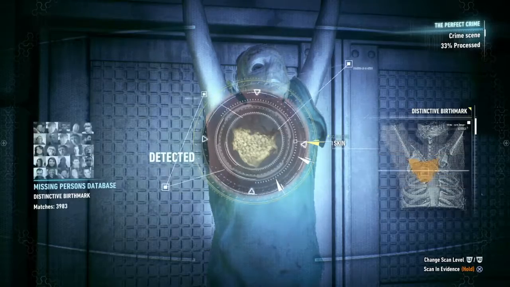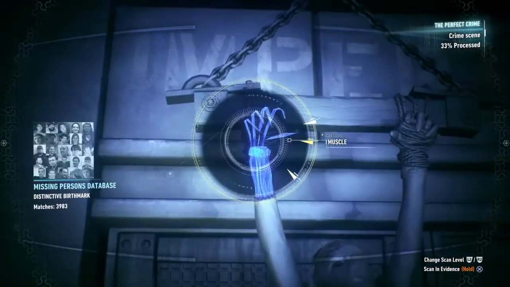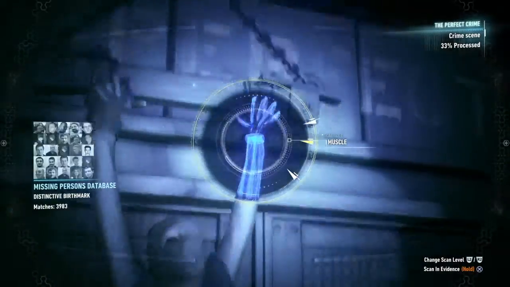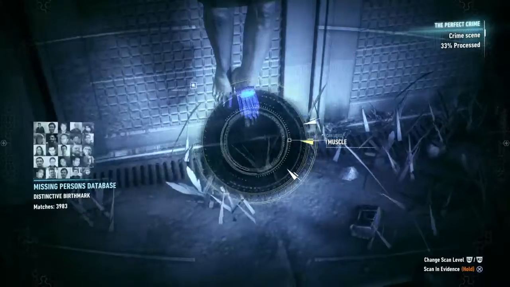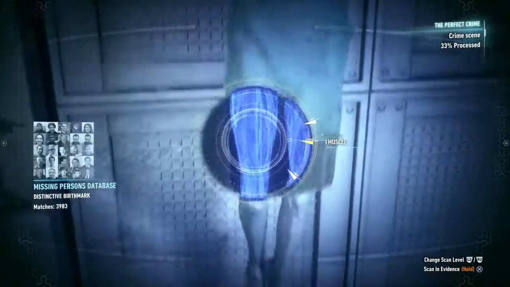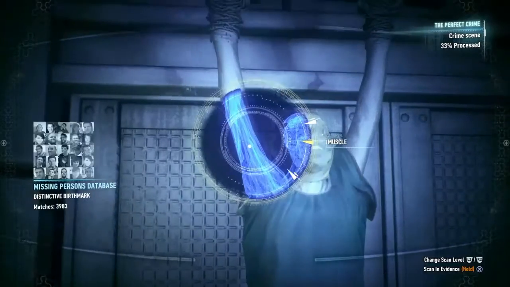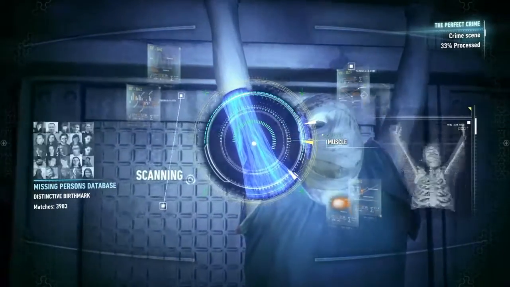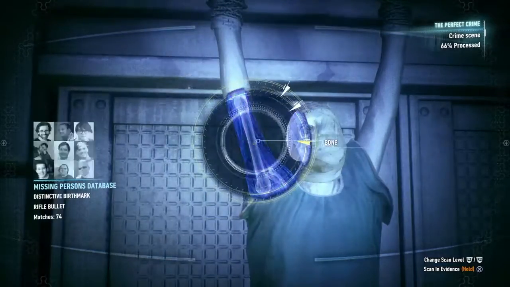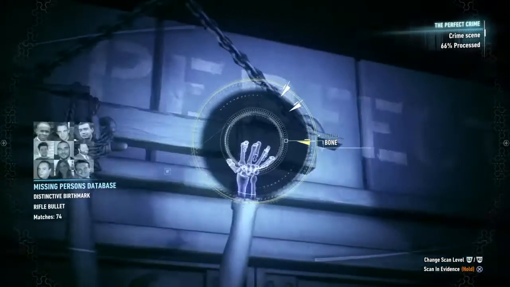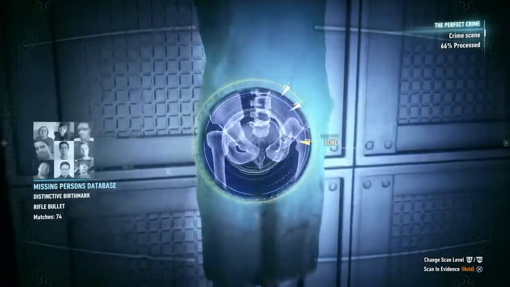It appears to be a birthmark, quite distinctive. There's a bullet lodged deep in the upper bicep. This type of ammunition is predominantly used with a hunting rifle that hasn't been manufactured in over a decade.